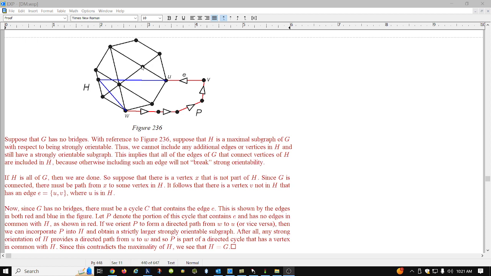It would still be strongly orientable, strongly connected. But H is supposed to be maximal, so there were no such edges. Well, the path works the same way. This is a directed path. We could incorporate it into H, and we would still have a strongly orientable subgraph.